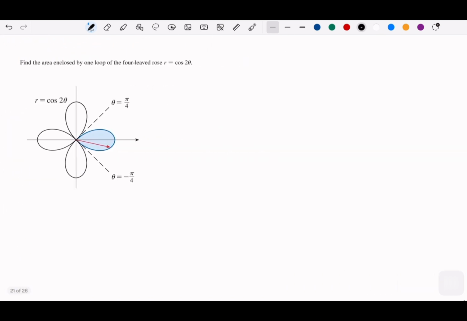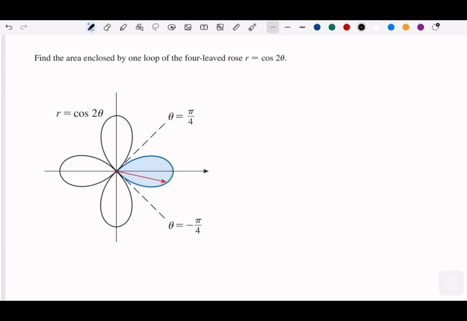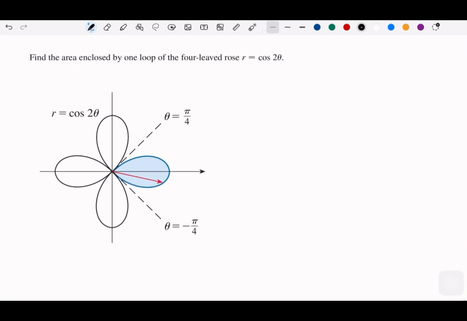Just a quick example. Okay. This is what we did, the rose r equals cosine 2 theta. We would like to know the area for this one loop. Can we evaluate the area for one loop of the rose?